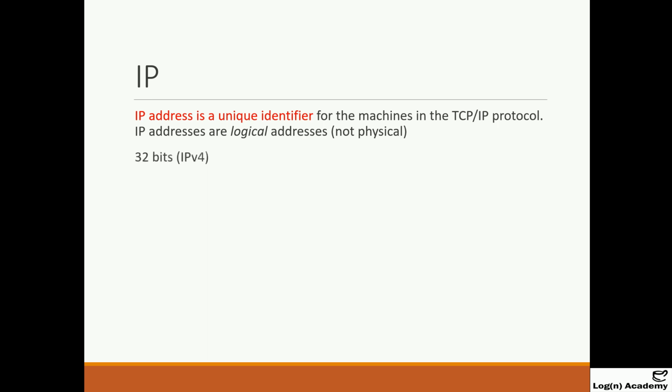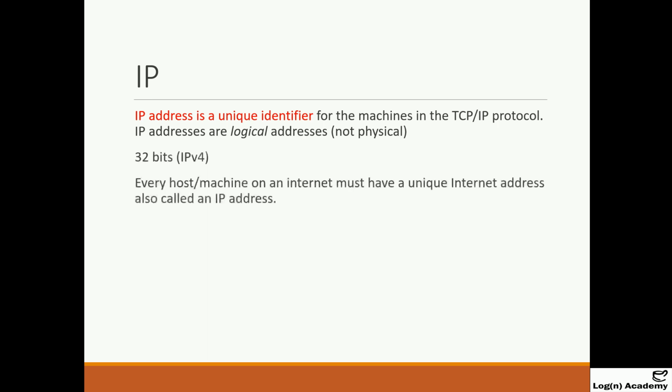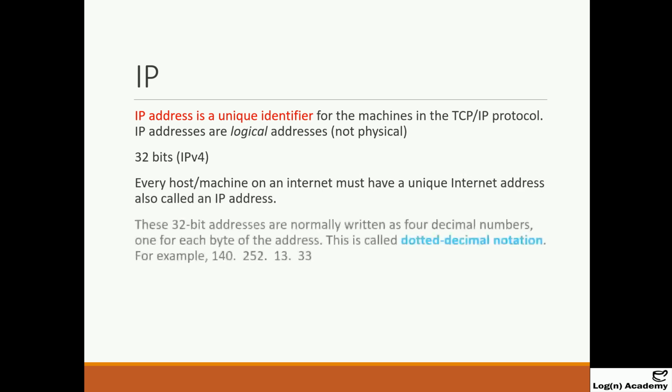It's a 32-bit number. Every host machine on the internet must have a unique internet address, also called an IP address. These 32-bit addresses are normally written as four decimal numbers, one for each byte of the address. This is called dotted decimal notation. Here we have a hypothetical IP address, 140.252.13.33.